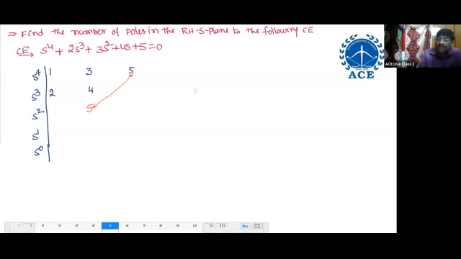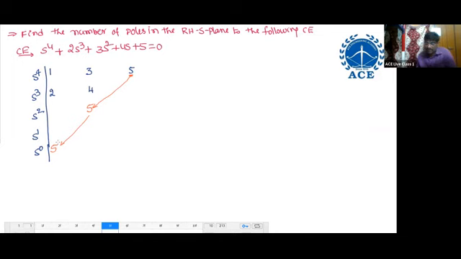Similarly, leave one row before one column before. S power 0 coefficient.